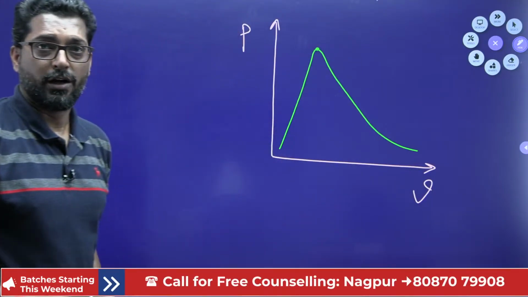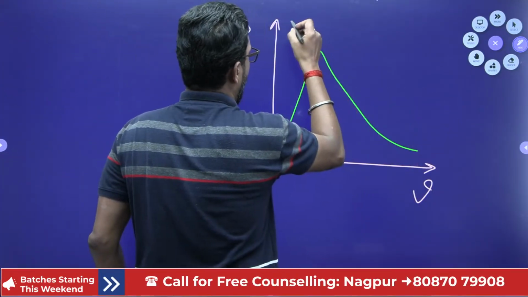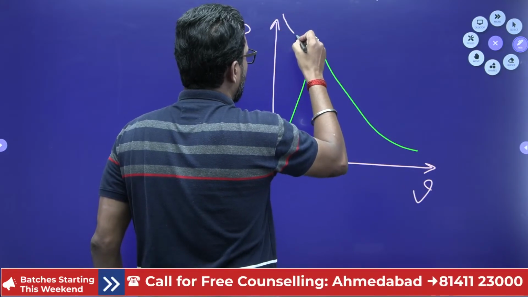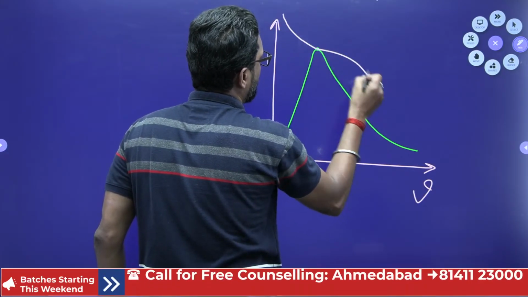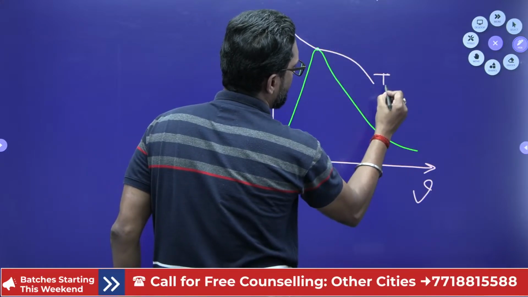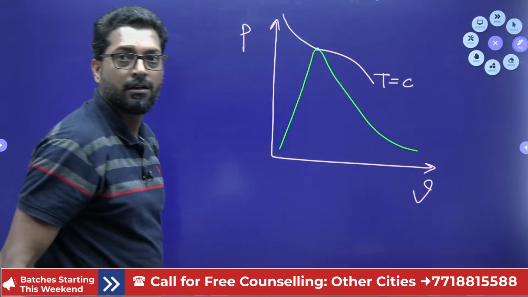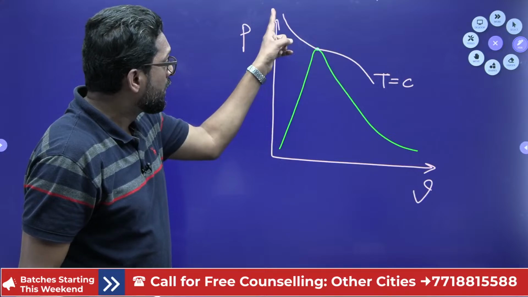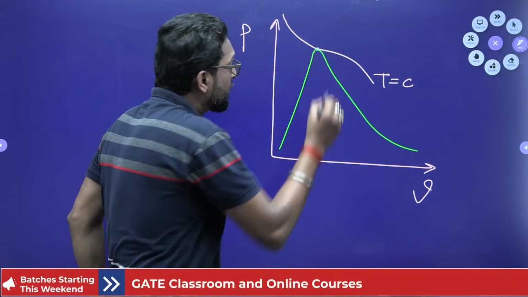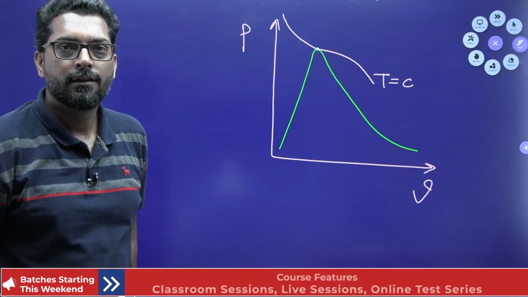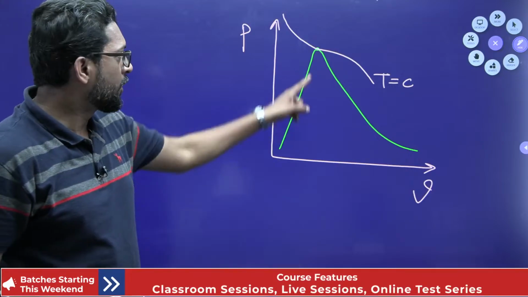This is the critical point. This is the saturation vapor line, and that is the constant temperature line at the critical point. And what is that constant temperature line at the critical point?